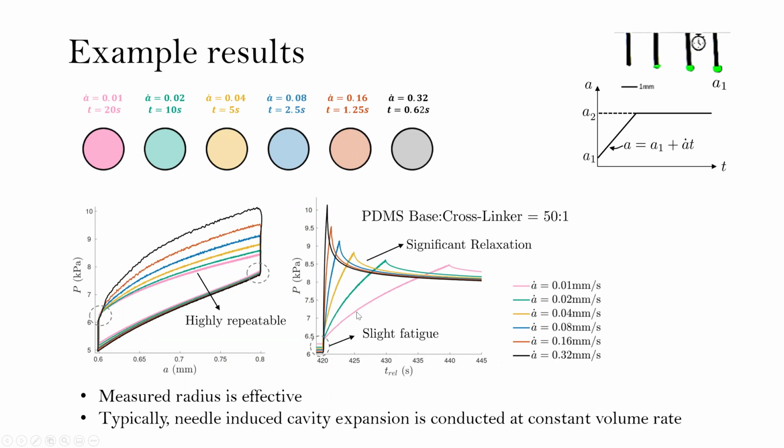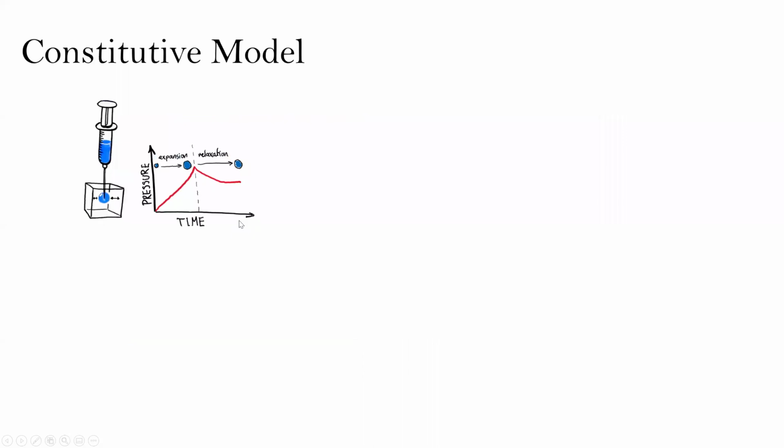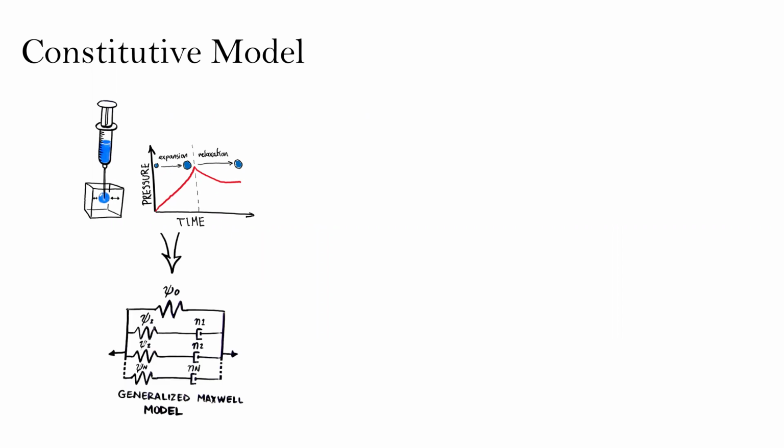But before I do that, let's first see how we extracted the viscoelastic properties from experimental results that look like this. First, we need to describe a constitutive model for the material. We use a generalized Maxwell model, where we have an equilibrium elastic branch and multiple non-equilibrium viscous branches.